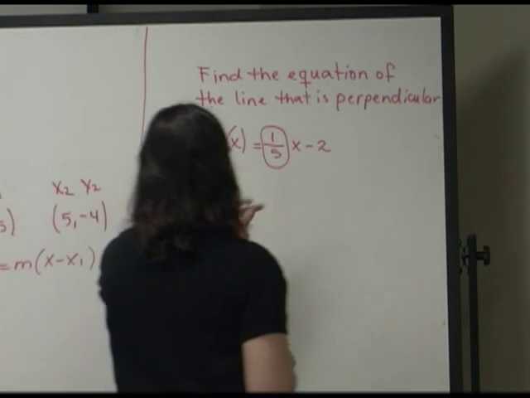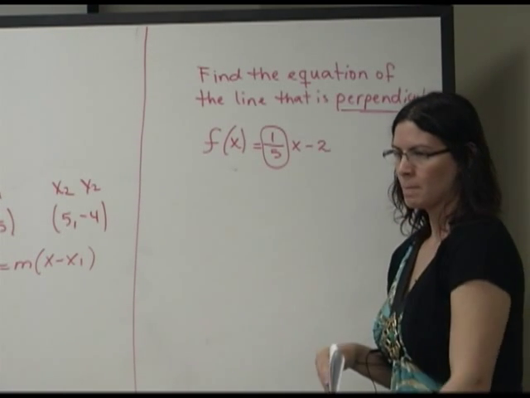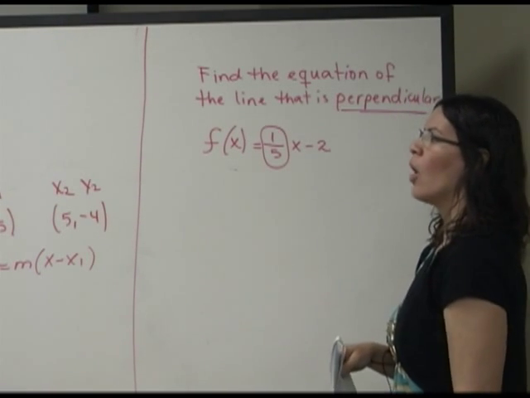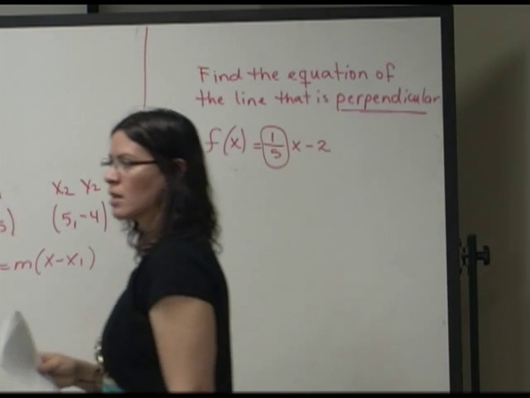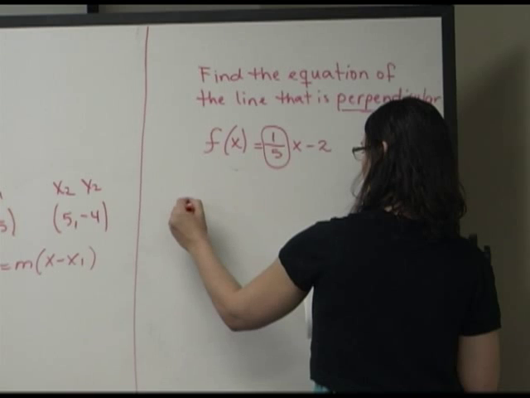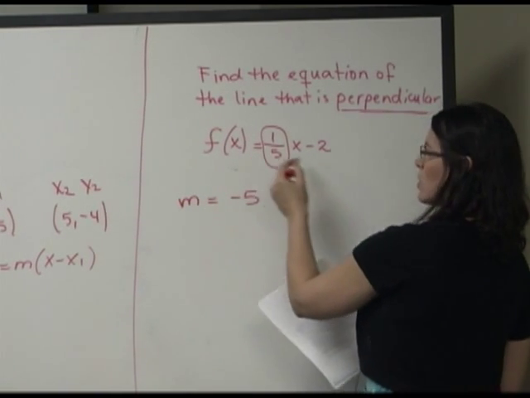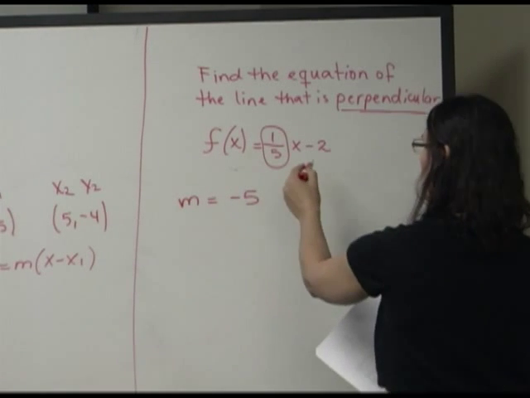Now, what do we know about perpendicular lines? Slopes are what? Opposite reciprocal, right? So the slope of this line that I'm giving you is 1 over 5.